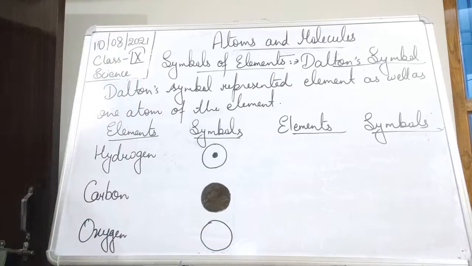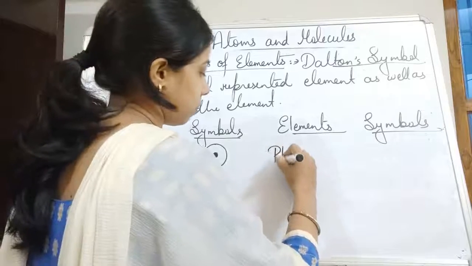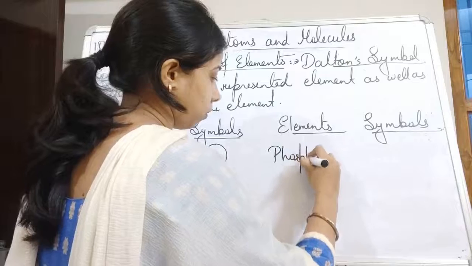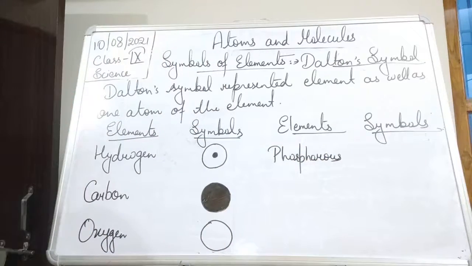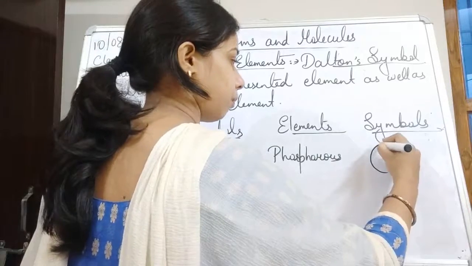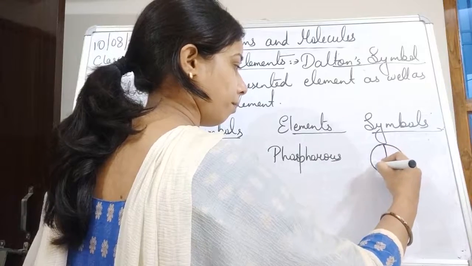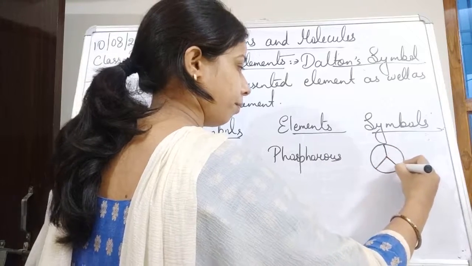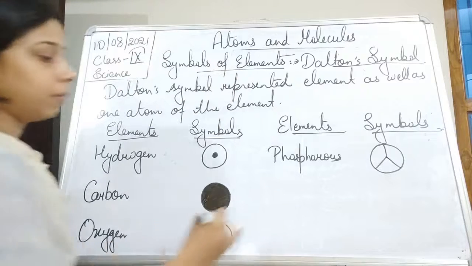This is the symbol of oxygen. Then phosphorus. This is the symbol of phosphorus. Then sulfur.